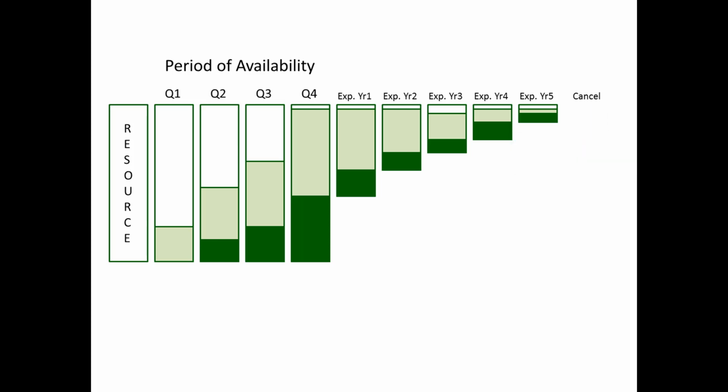Let's talk a bit about status of resources. There is a basic equation of budget execution. Resources on the left side of the equation must equal the status of those resources on the right side of the equation.